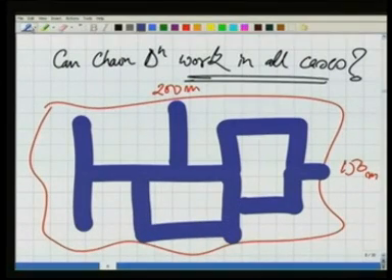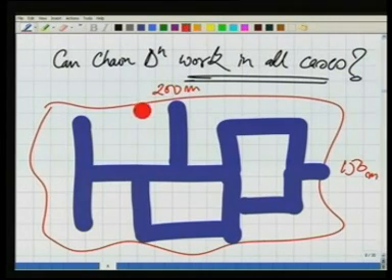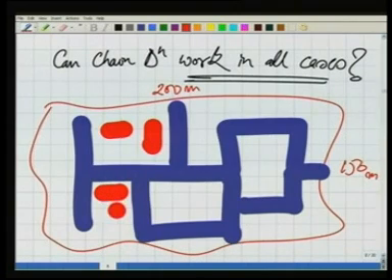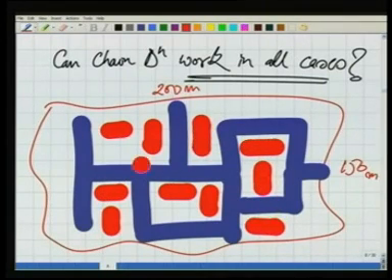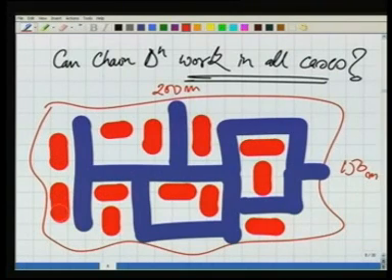Then there are a couple of buildings. I am plotting these buildings in red color. Let us say there is one building, another building, another building, one more, and all these are the buildings, and the buildings have got height. They are high buildings. There are also, as usual, several trees. A typical area may look like this.